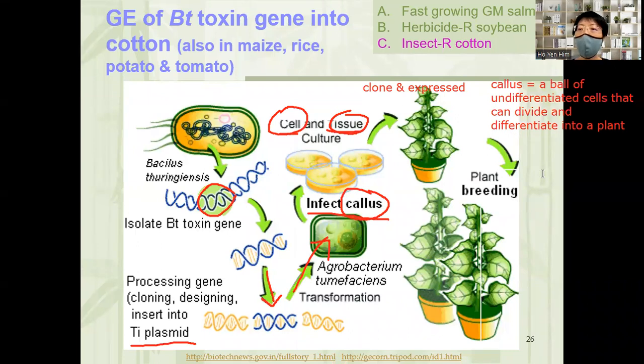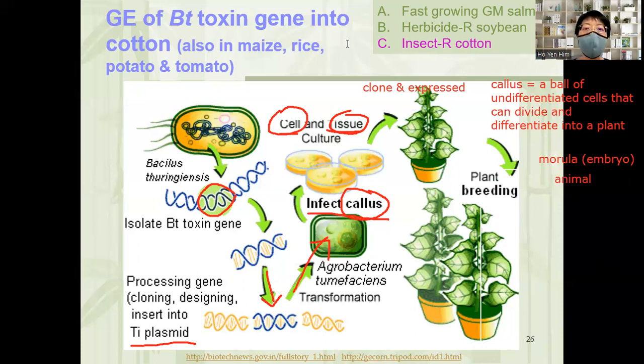This is very similar to our embryo, such as in the form of morula. In animals, after fertilization, the zygote divides repeatedly to form a ball of cells. That ball of cells is called morula. It's the same way. So morula is for our animal embryo, and callus is for the plant.